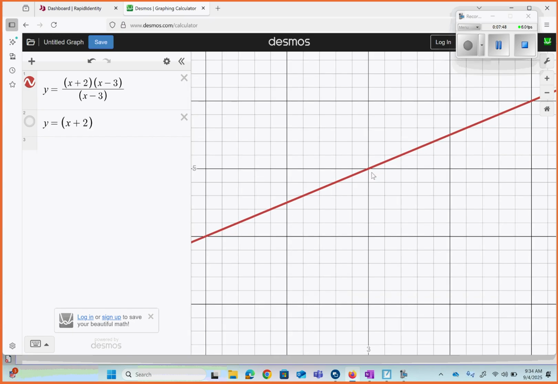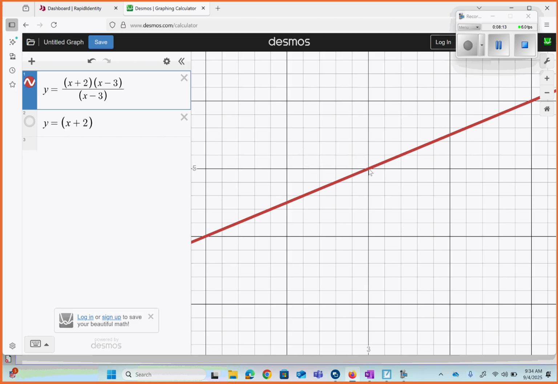Now, what I want to do is this. Notice when I get to 3, what does it say? 3 comma undefined. So right there is an actual hole in this problem. Desmos allowed me to zoom in much closer.